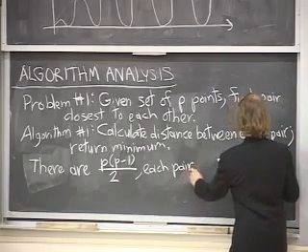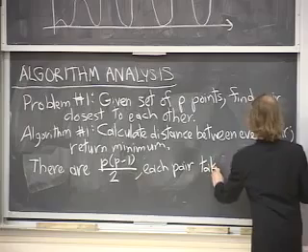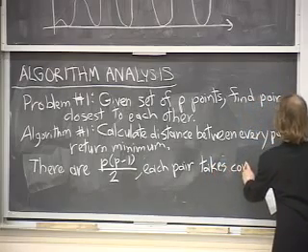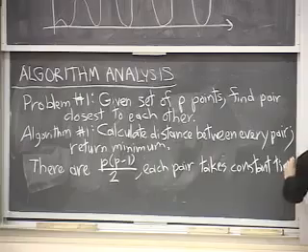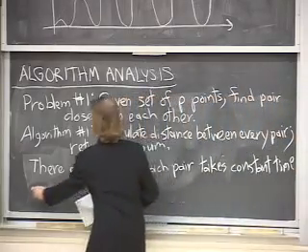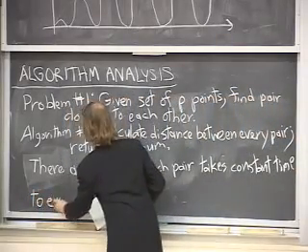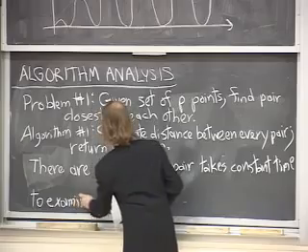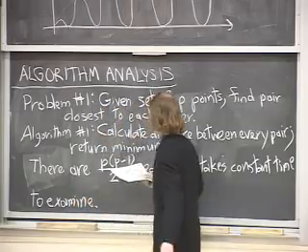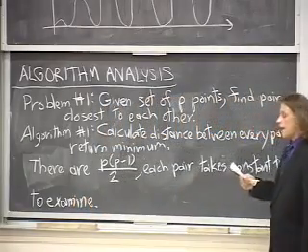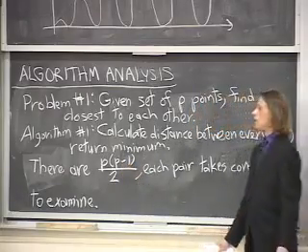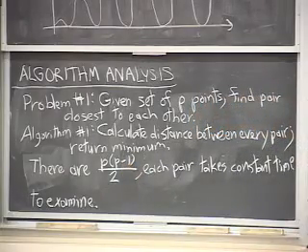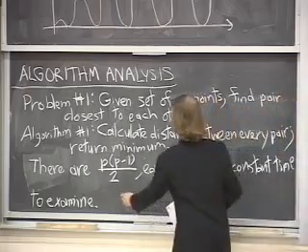So each pair takes constant time to examine. And so basically you just expand this out, and that gives you the running time, which is in theta of p squared.